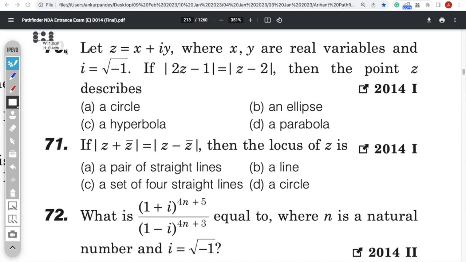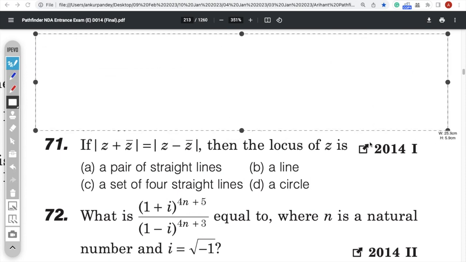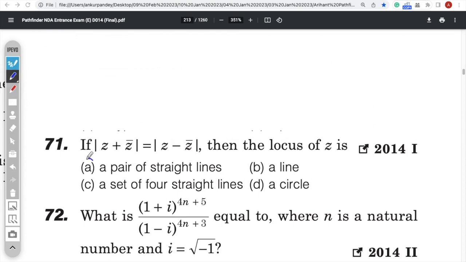Now 71. In 71 there is one complicated topic as well, and a line is also there. Anyway, there is nothing like a set of 4 lines. Maximum in one equation can be a set of 2 lines, not more than that. So alpha, bravo and delta are possible options. Let's try.